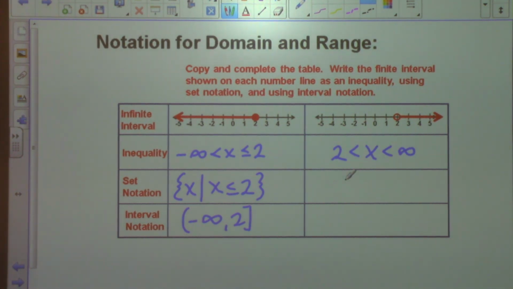So there we have it, right? So there's interval notation. And then we have for set notation. Do you see how set notation can be an abbreviation that we just write it simply this way?